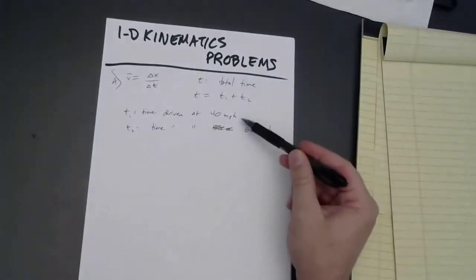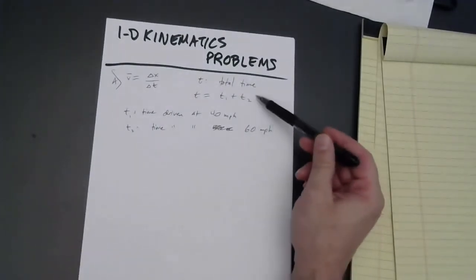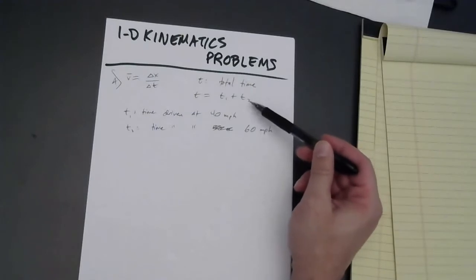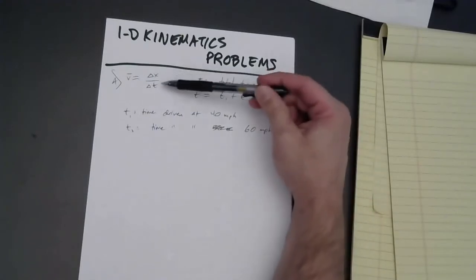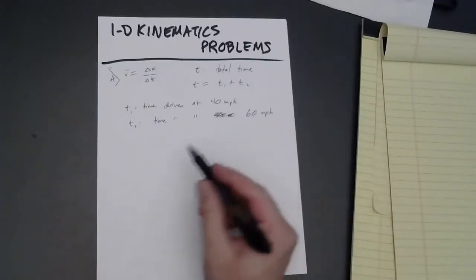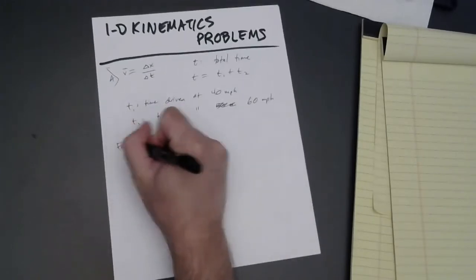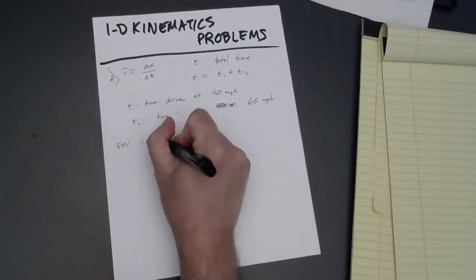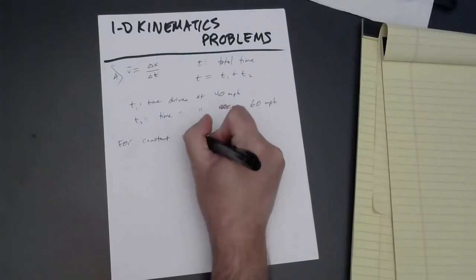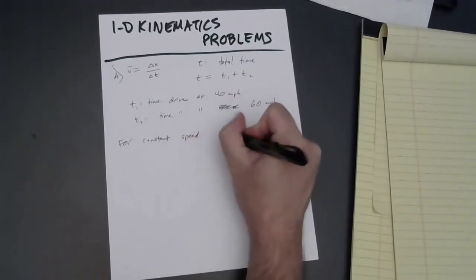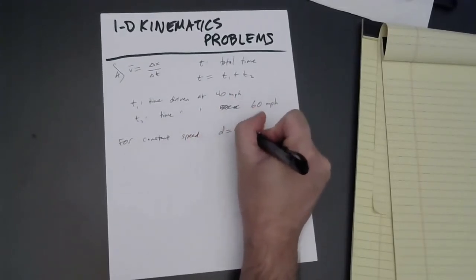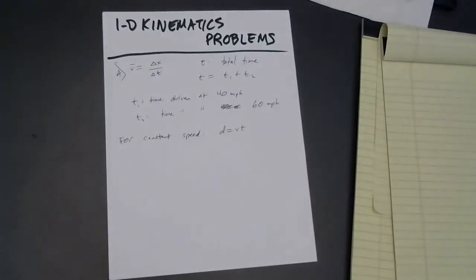So I need to calculate these times individually so that I can add them up to find the total time. The average velocity for the entire trip requires knowing the total time. Well, for constant speed, if your speed's constant, then you can go ahead and use this old relation that you've known, the common sense relation that you've known forever.